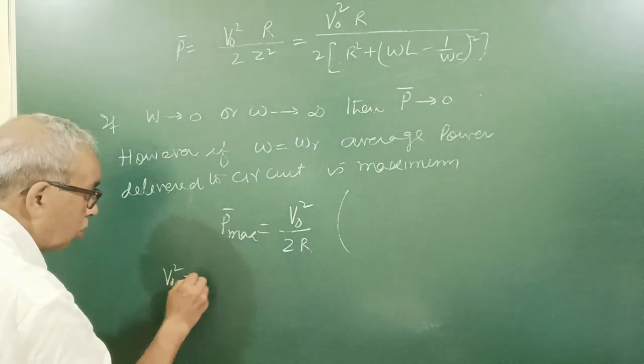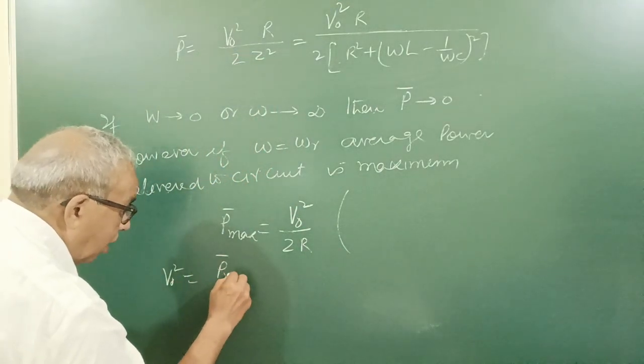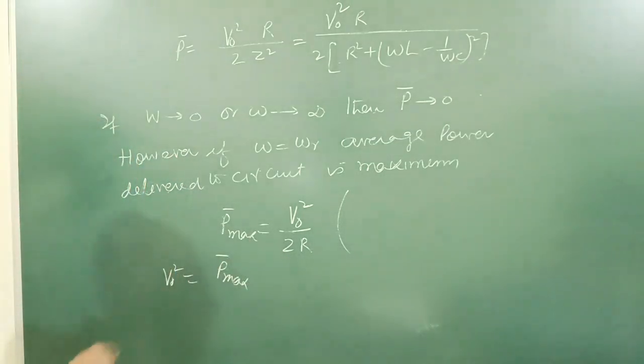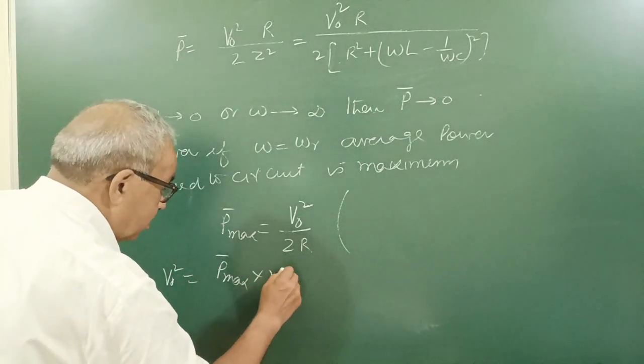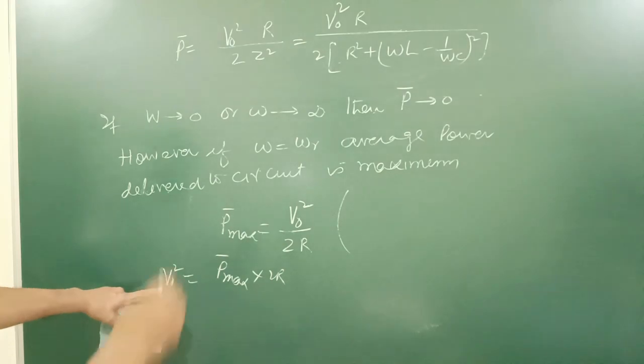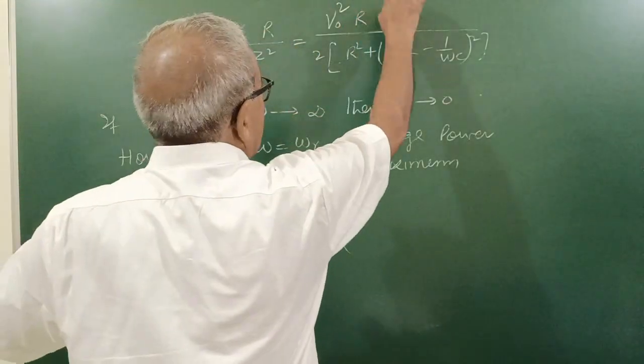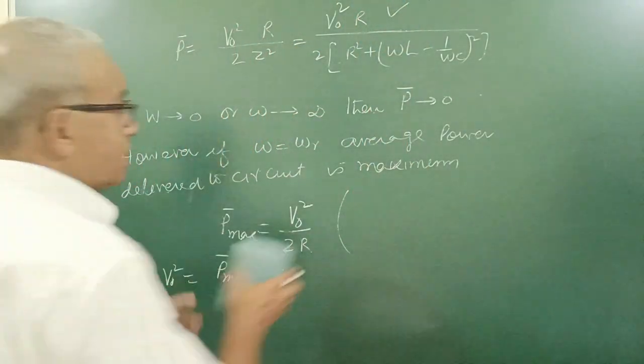So from here V0 square equal to P bar maximum into 2R. Putting this value of V0 square here, what do we get?